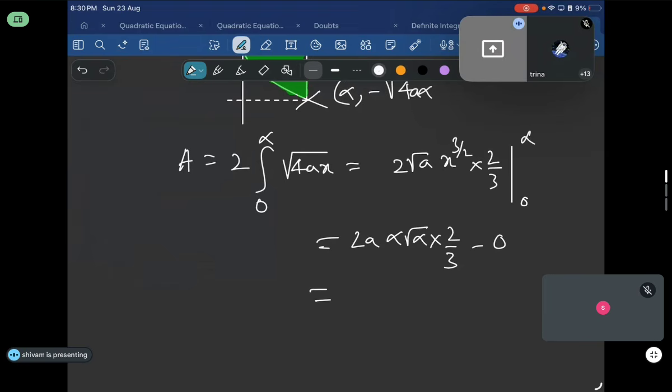So see, are we getting it? Tell me. 2 by 3 into alpha into 2 root over. Oh, there's a 2 outside, so it will be 4.